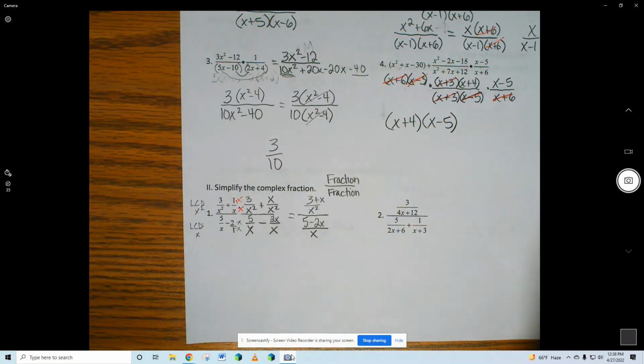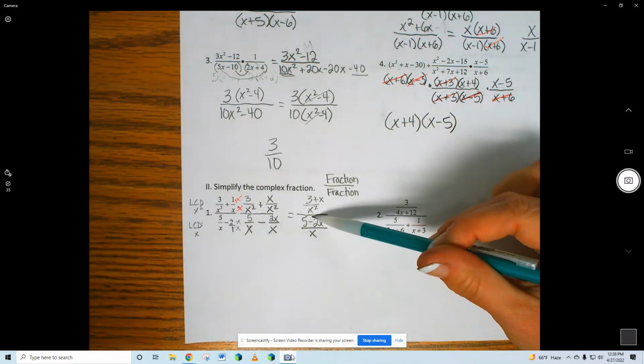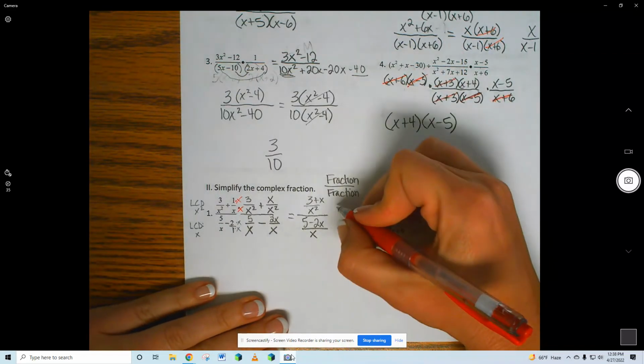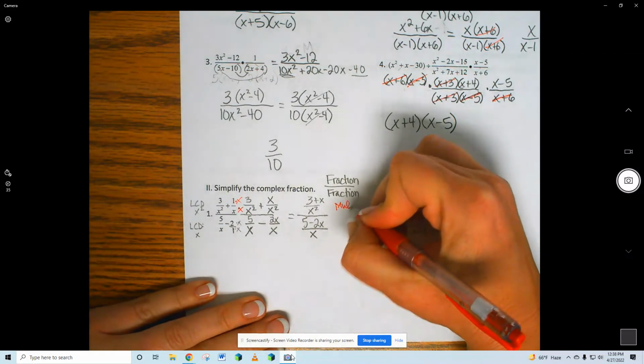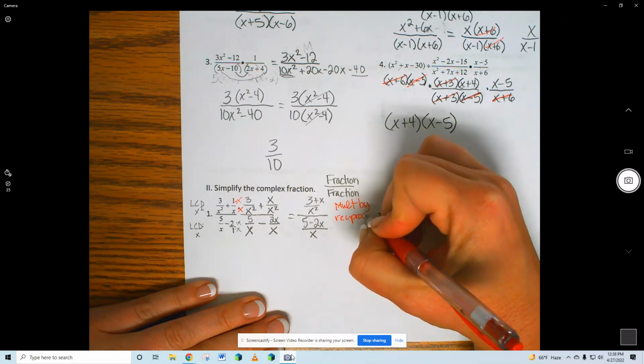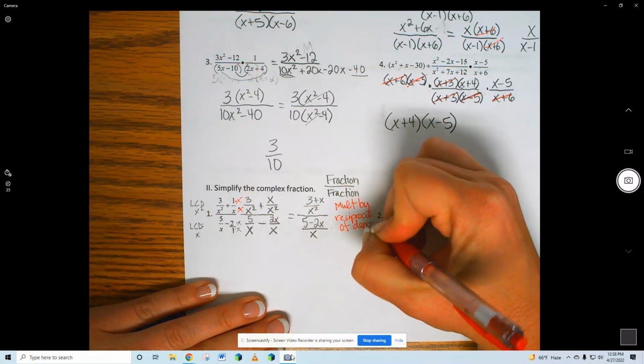It was a lot, you guys. Finding common denominators. Now, I've got a fraction divided by a fraction. So I'm going to multiply by the reciprocal of my denominator.